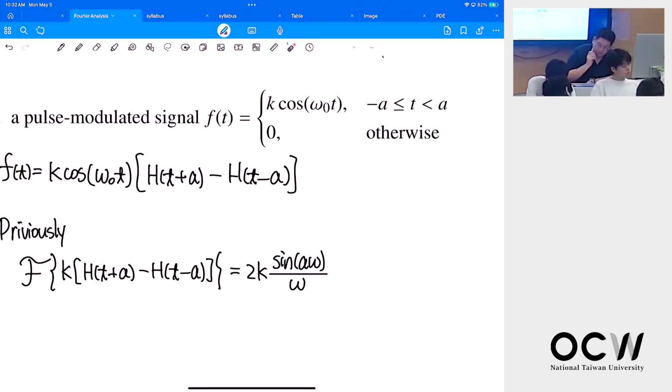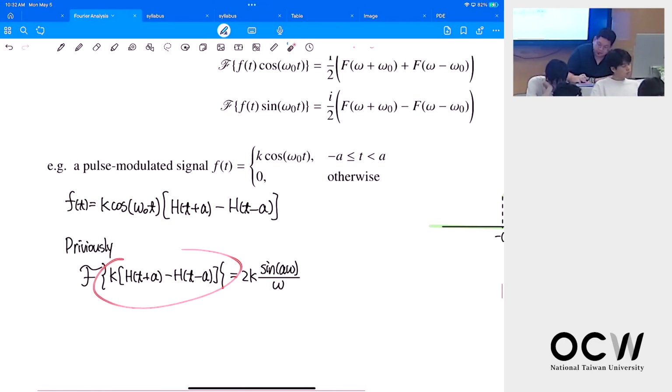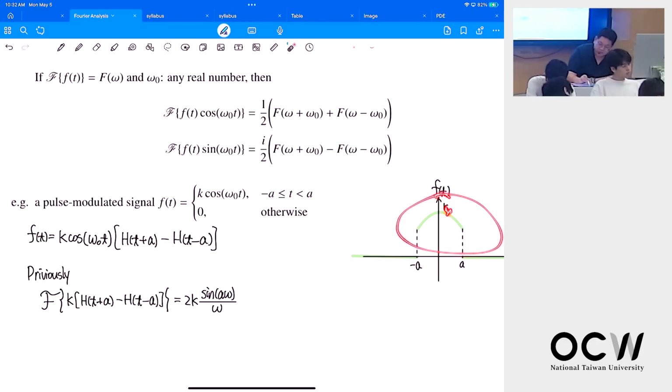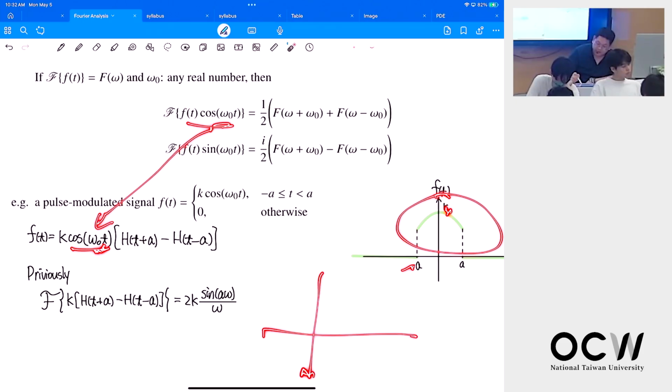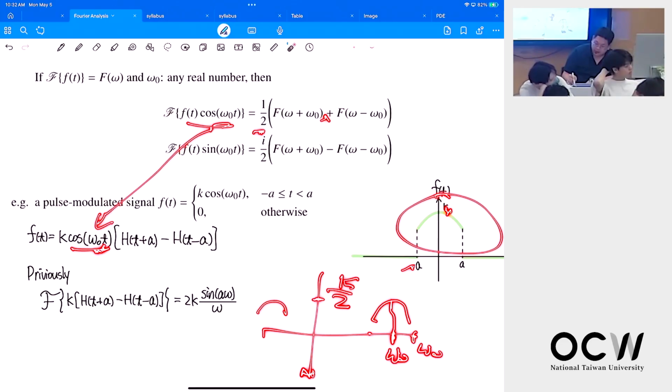And then think about this signal times cosine. Now if I multiply by cosine, I know that the transform will shift to the right and shift to the left, and the magnitude will be half of them. So I will have this here, and the magnitude will be k over 2, with omega naught plus and minus.